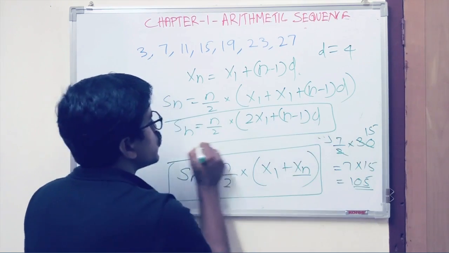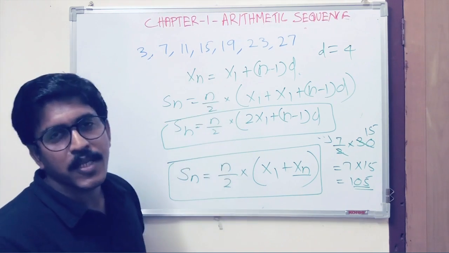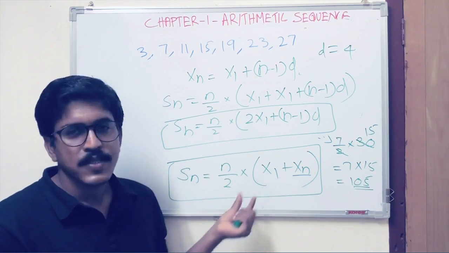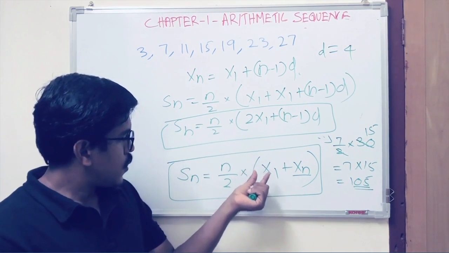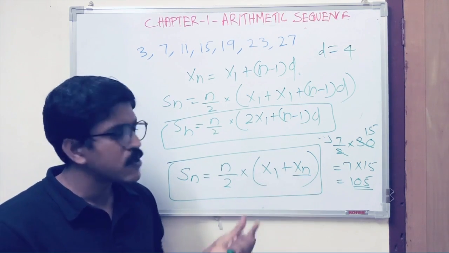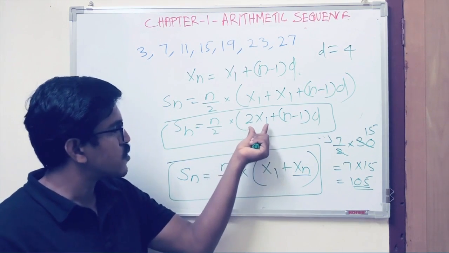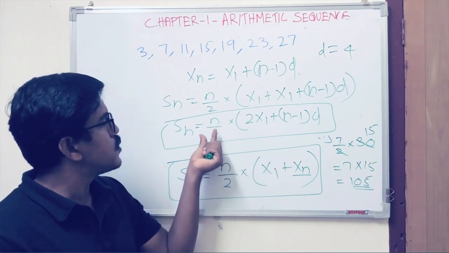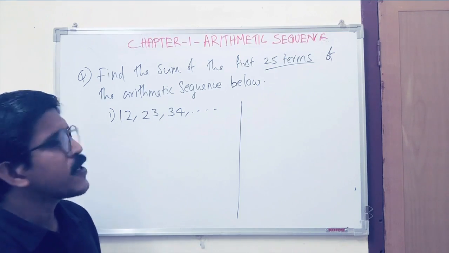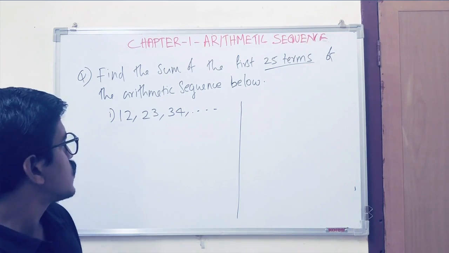So we have two equations to find out the sum of any arithmetic sequence, that is Sn is equal to n by 2 into (x1 plus xn). If the number of terms is given, and the first and the last term are given, you can use this formula. Or if you have the common difference, the first term and the number of terms, then you can choose this formula. Now we can discuss different types of problems related to the sum of arithmetic sequences.